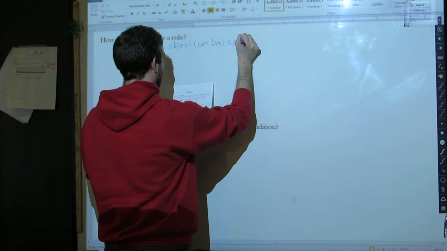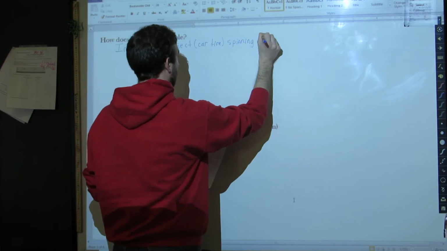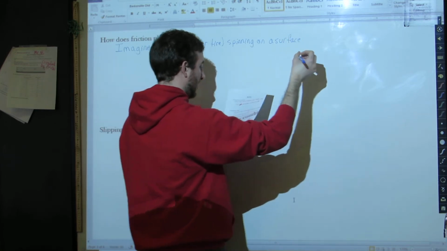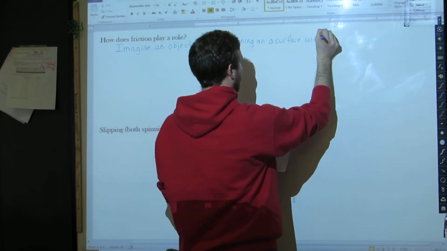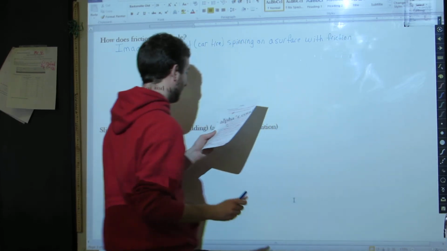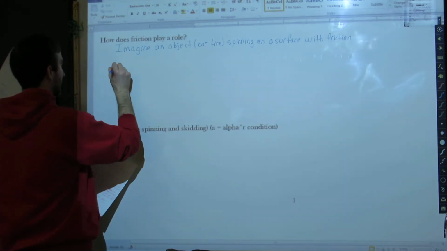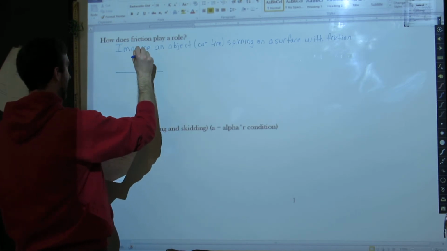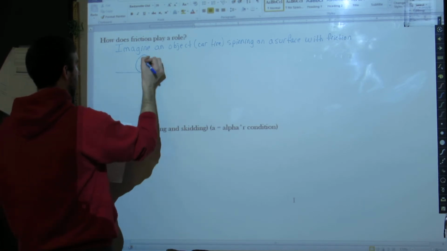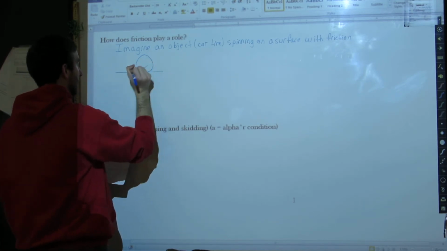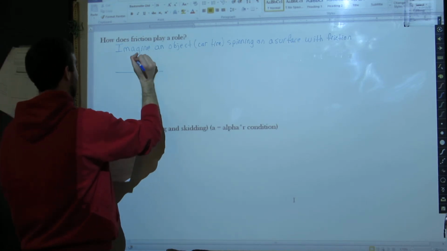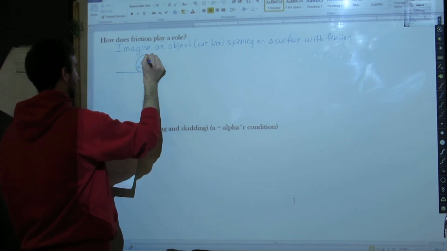And that car tire is spinning on a surface, and between that surface and the car tire there's a coefficient of friction. Here is our surface, we have our tire, and the tire, due to an internal torque from the engine, is being made to rotate in this direction.